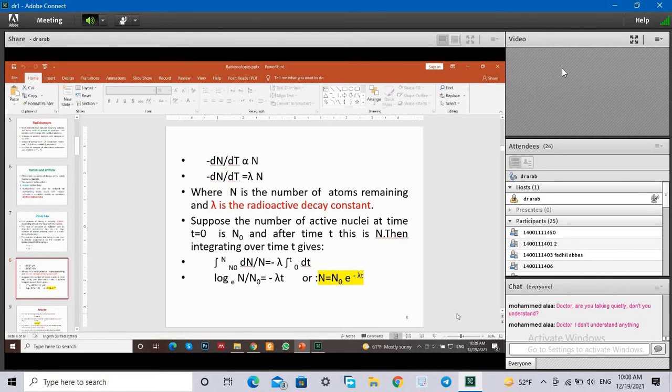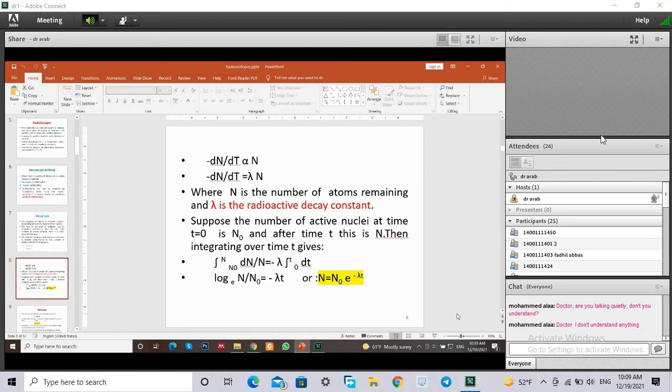As you see in this equation, the differential of the number of nuclei with radioactivity is proportional to the number of radioactive nuclei, and we can say the derivative of N with respect to time equals minus lambda multiplied by N. And what are lambda and N?